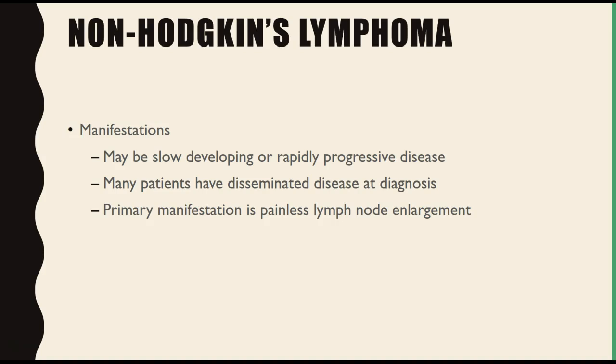And so it can be, for instance, if you're having spread to the neurological system, you're seeing those neurological symptoms with that CNS involvement. Primary manifestation is going to be those painless lymph node enlargement sites. So painless lymph node enlargement is common with non-Hodgkin's lymphoma.